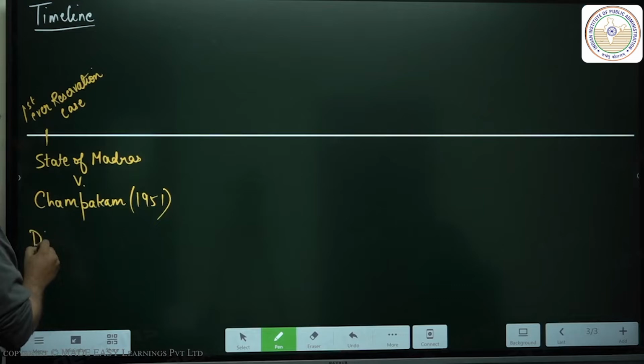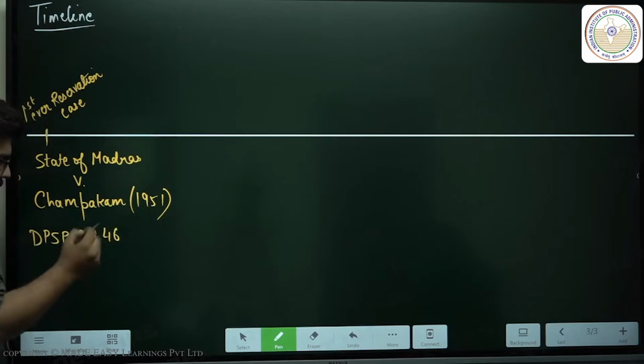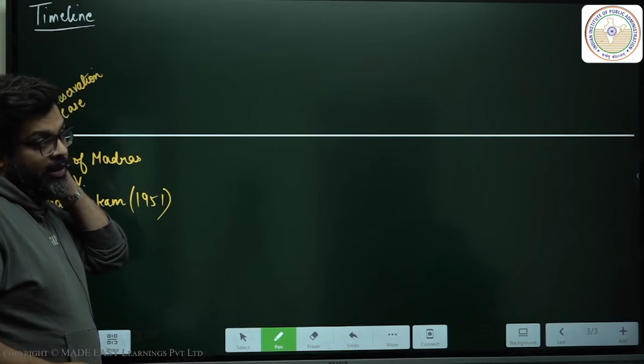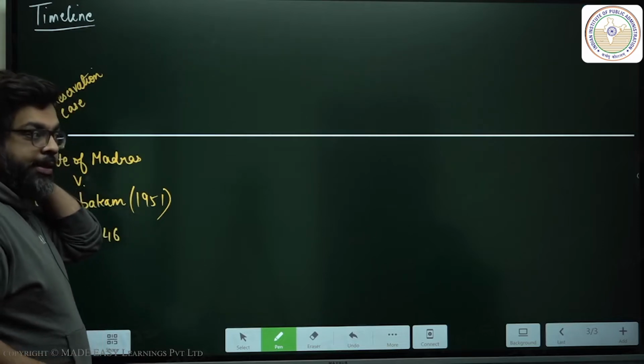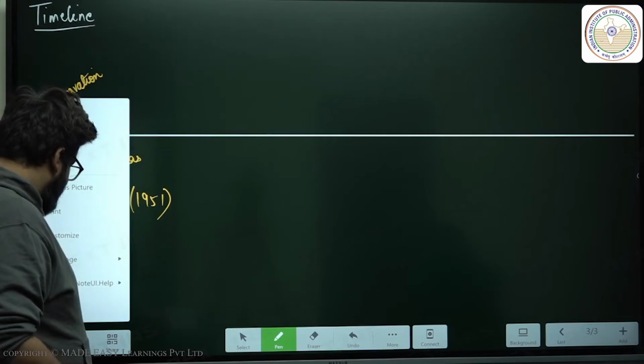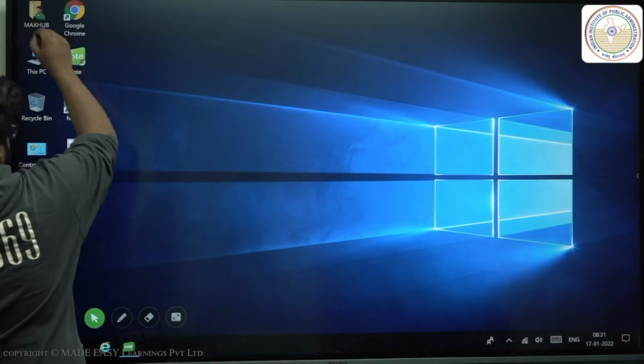Because we don't have a national policy on reservation as such, but there was a directive principle under Article 46. If you want to know what Article 46 is, it's basically the promotion of the interests of scheduled castes and scheduled tribes and other communities. I will show the text of the article to you.